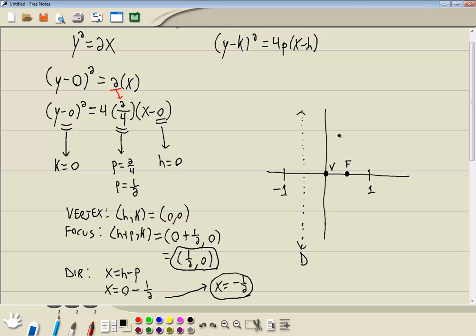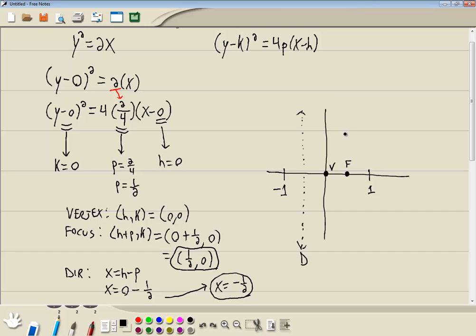Now to graph it, I drop a point somewhere. Let's say, look where my point is right here. Look at the distance from my point over to the directrix, forming a 90-degree angle, and the distance from my point to the focus. They're not the same. What you do is you keep moving your dot until they are the same.